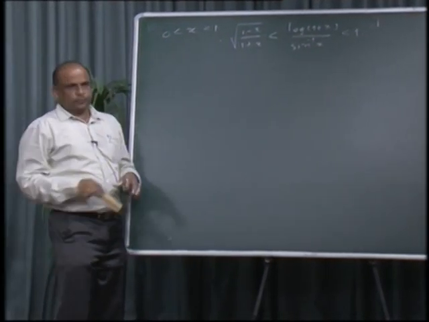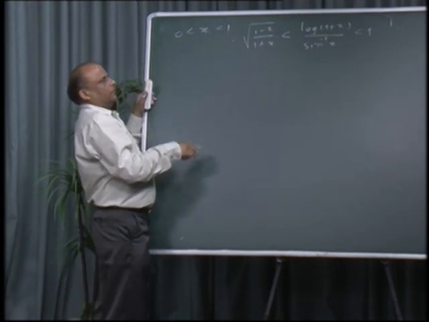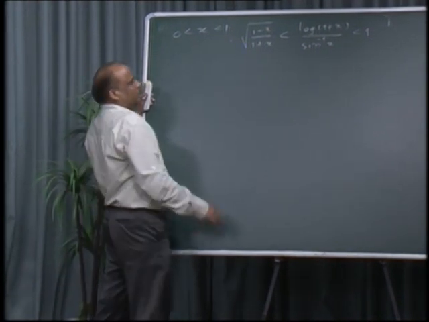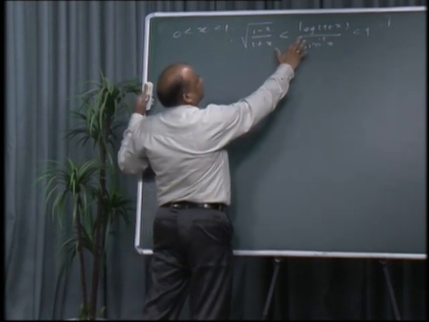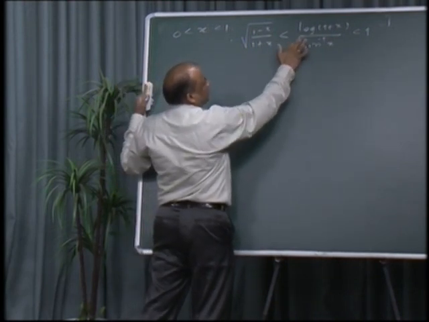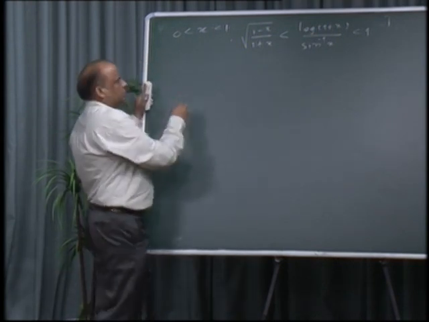For that purpose, from the observation, what we require is that I may start with one function as f and another as g.